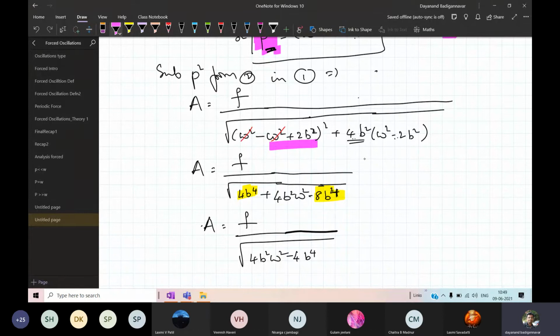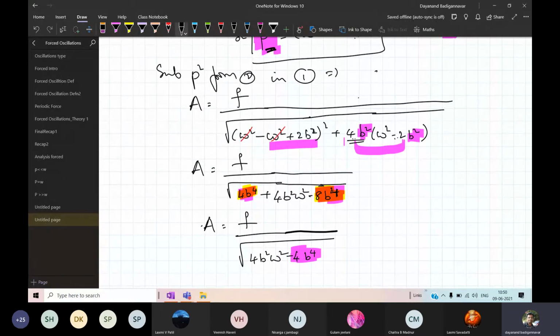Just simple simplification. 4b raised to 4 plus 4b square omega square minus, ಇಲ್ಲಿ ನೋಡ್ರಿ, 4 into 2 is 8, b square into b square is b raised to 4. Next, 4b raised to 4 minus 8b raised to 4 gives you minus 4b raised to 4. This is what you get.